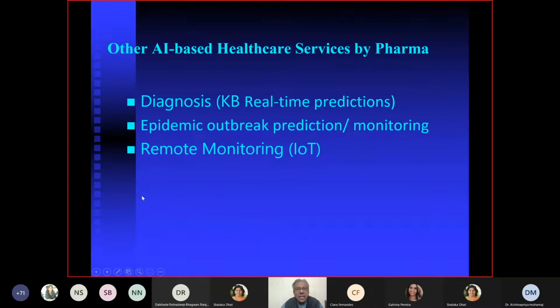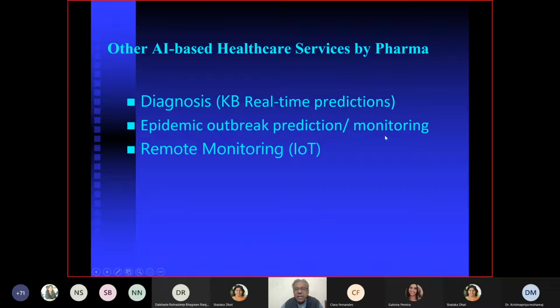Similarly, other AI-based healthcare services include diagnosis based on knowledge-based real-time prediction, just like medical doctors. They have their old knowledge base, they create a new knowledge base, they store everything, and when a new patient comes, they retrieve from it and use it.